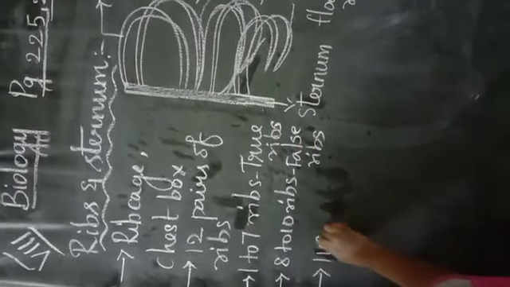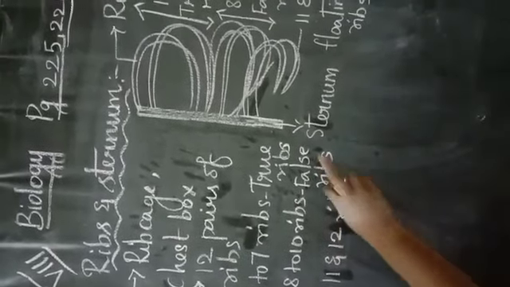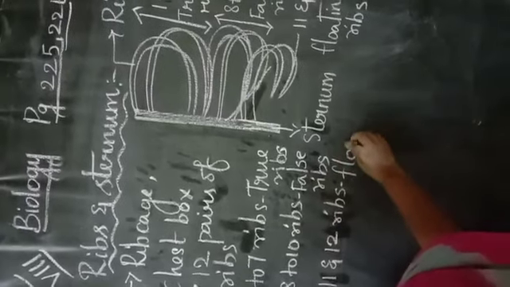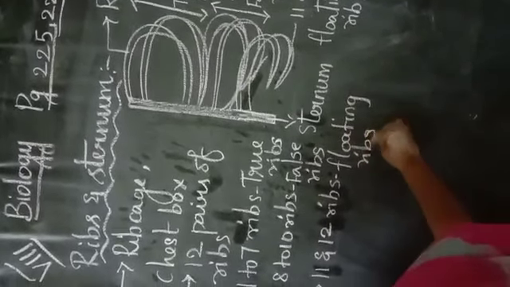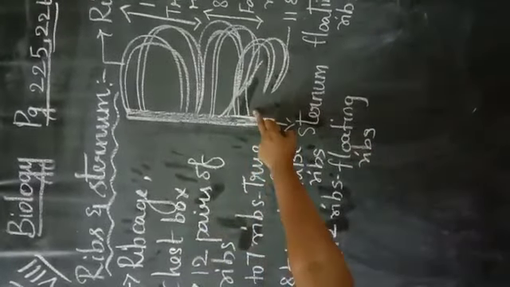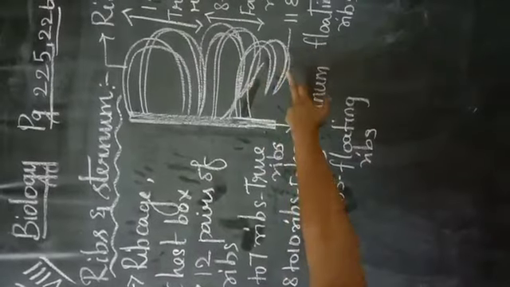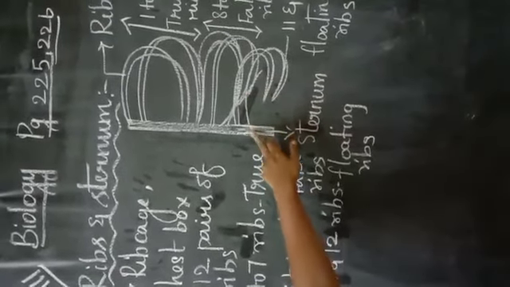Next, 11th and 12th ribs. They are called floating ribs. Why are they called floating ribs? Because the 11th and 12th pairs of ribs will be just half standing. They are not connected to the ribs, or to the sternum.